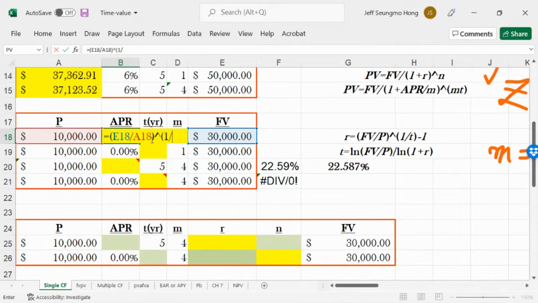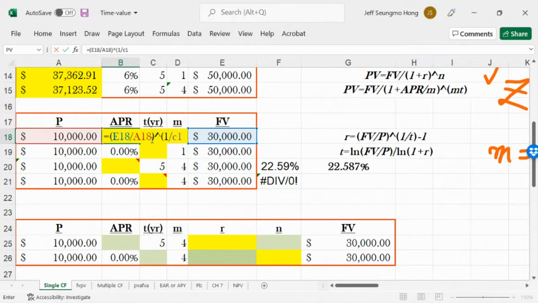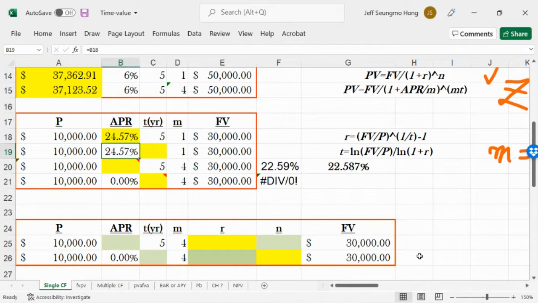Normally I can click it in, but when the formula is hanging above it, you can't click it in. So you will have to type it in manually. Type it in C18. There you go. You should have 24.57%. Did you all get that?